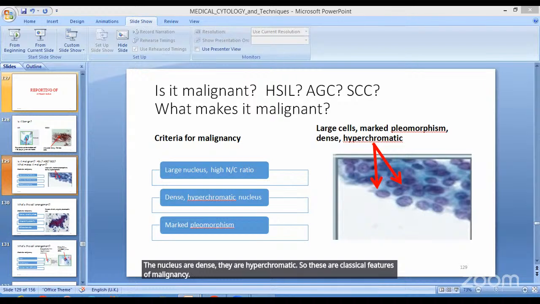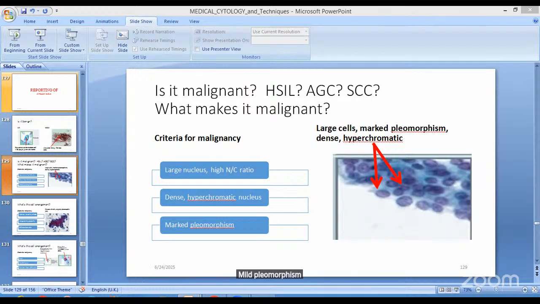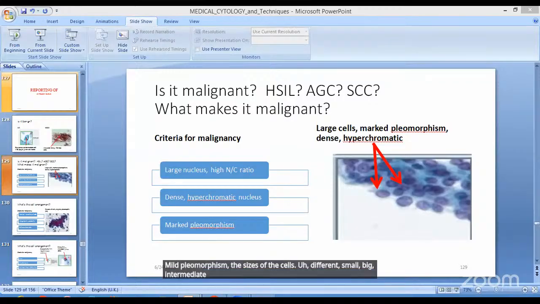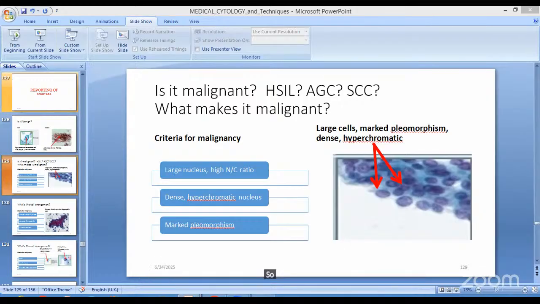Marked pleomorphism: the sizes of the cells are different, small, big, intermediate, of different sizes and shapes. A smear with this kind of feature is malignant. And that's a high squamous intraepithelial lesion by standard conventional reporting system.